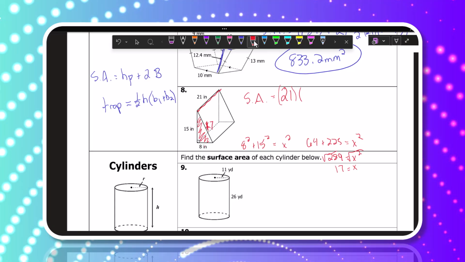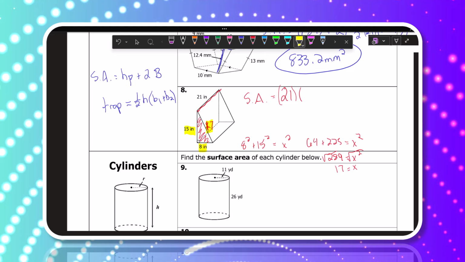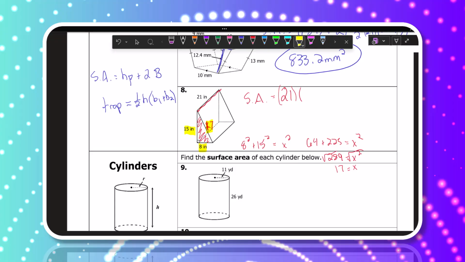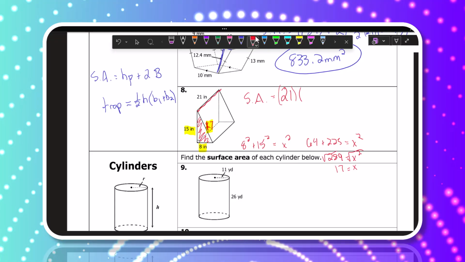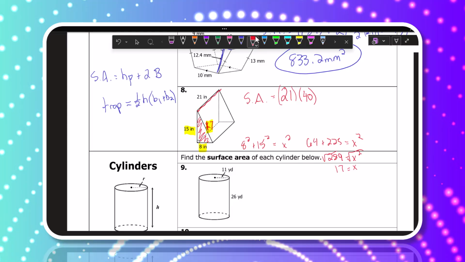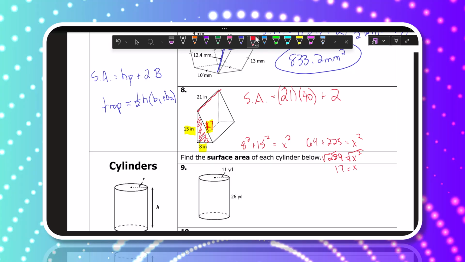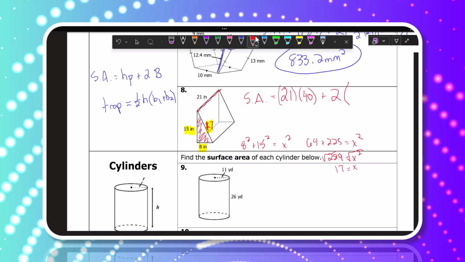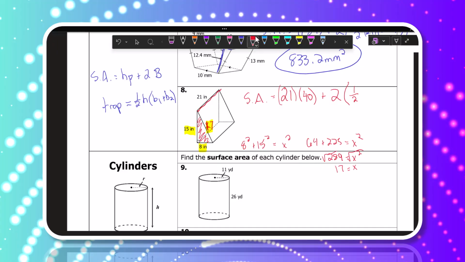So that is our hypotenuse, our missing side there. So now we can find the perimeter. We got the 15, the 8, and the 17 for a grand total of 40. So the perimeter of the base is 40. Then plus 2 times the area of the base. Well, the base is a triangle, so it's 1/2 height times the base.